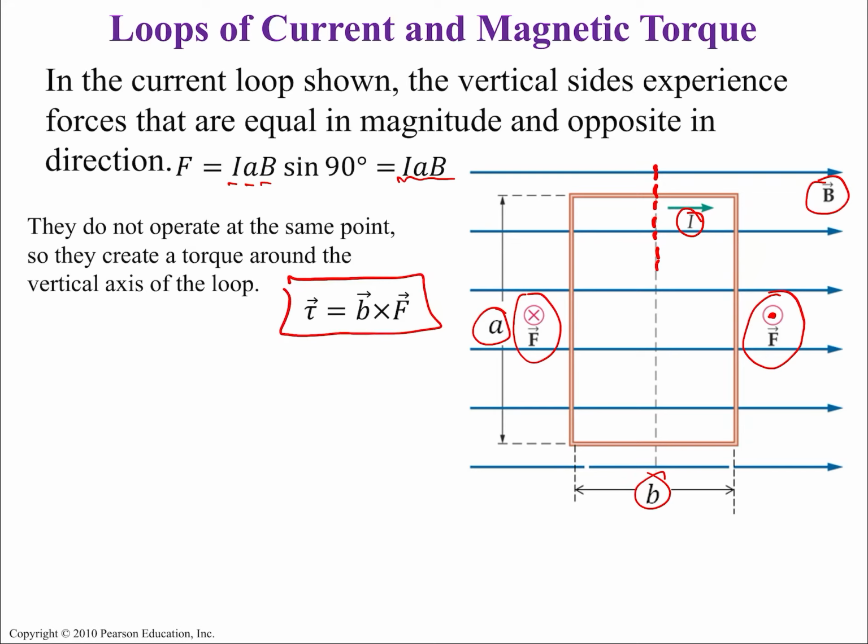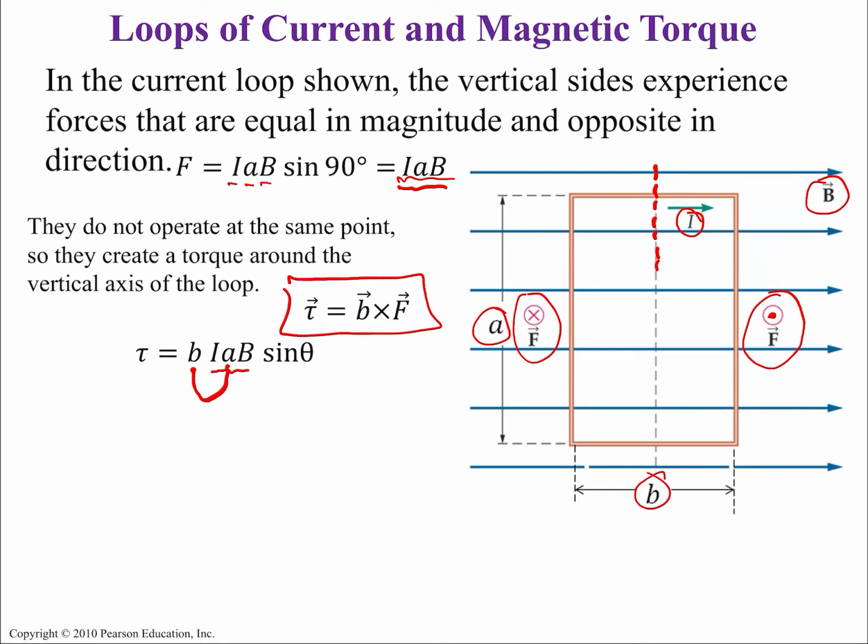All right, what's the magnitude? It's just rF sine of the angle, but F here, remember, is IAB, so just substitute for it. So I get r I A B sine of the angle theta.